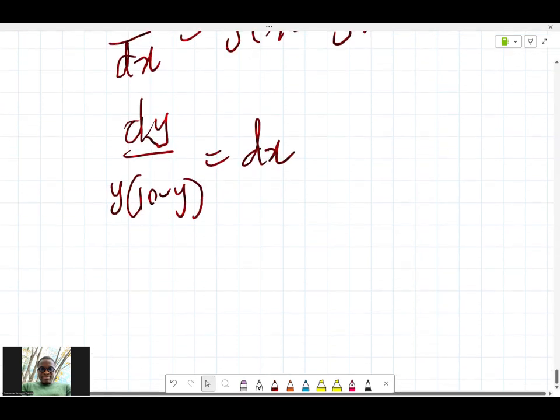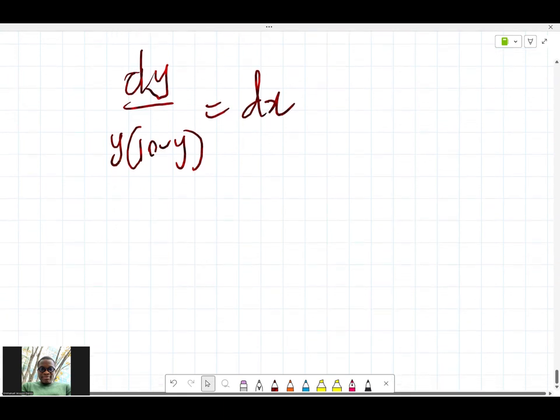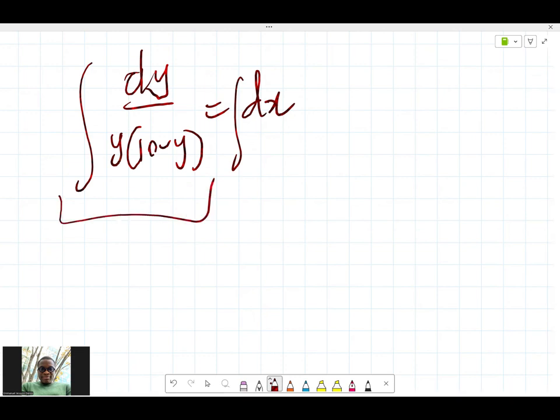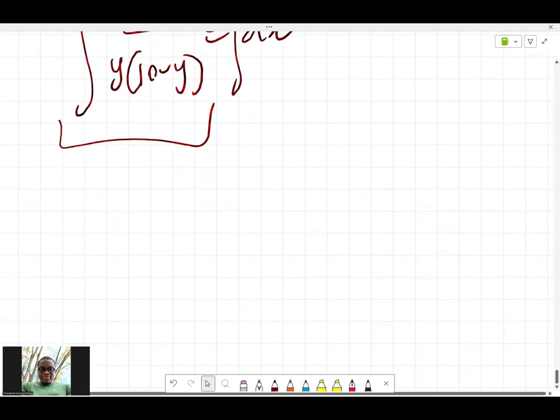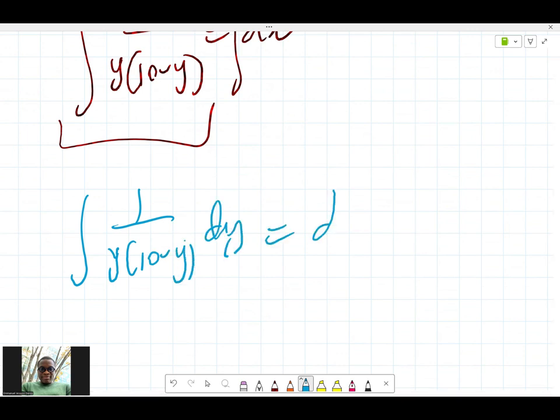So the next thing is to integrate. But this side is not looking like something we can easily integrate directly. It's the same thing as the integral of 1 over y into (10 minus y) dy equals dx.